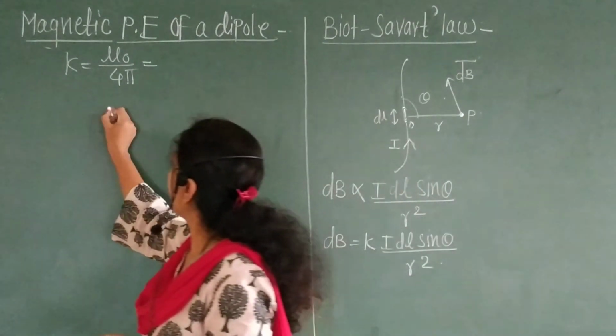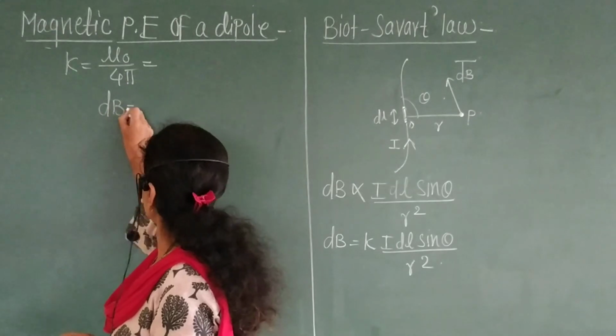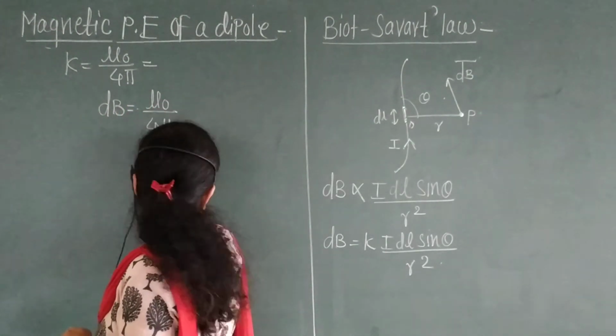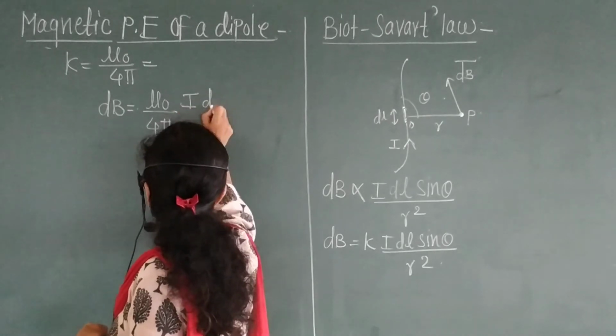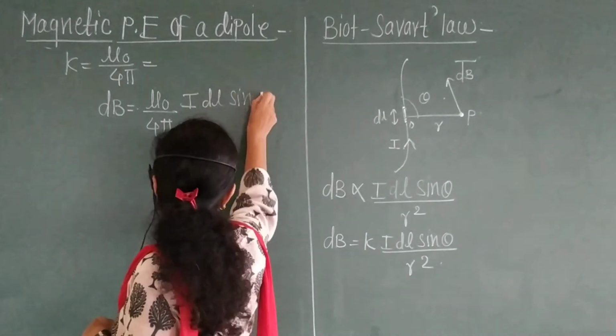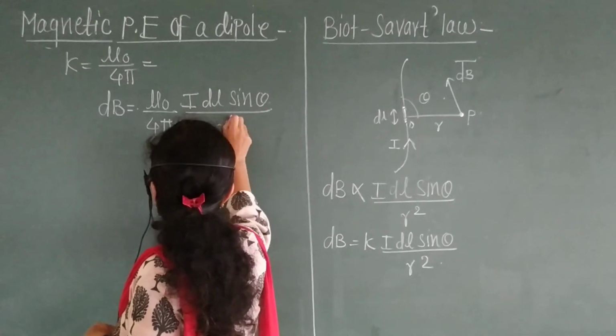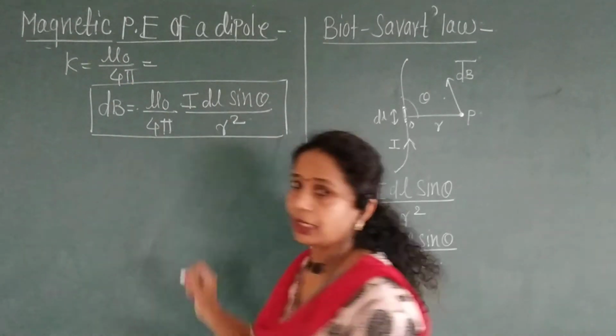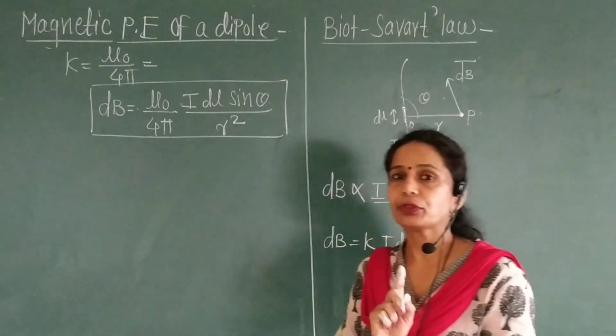Put this value, therefore we get dB equal to mu 0 upon 4 pi, I dl sine theta upon r square. This is the mathematical formula for Biot-Savart law.